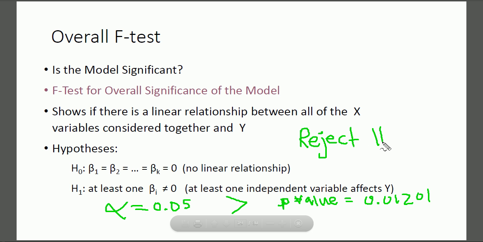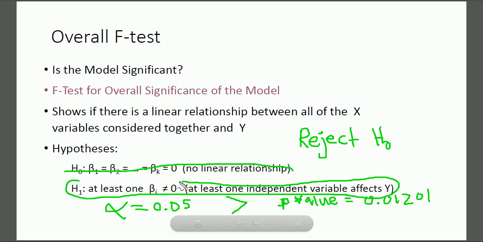In this case, if I reject H0, I can strike this if I like to make it clear for myself. I have strong evidence that H1 is true. And what does H1 say? H1 says that at least one of these slopes, beta 1, beta 2, beta 3, and so on and so forth, is not equal to 0. Okay? In other words, there is some meaningful linear relationship between the x variables and y.